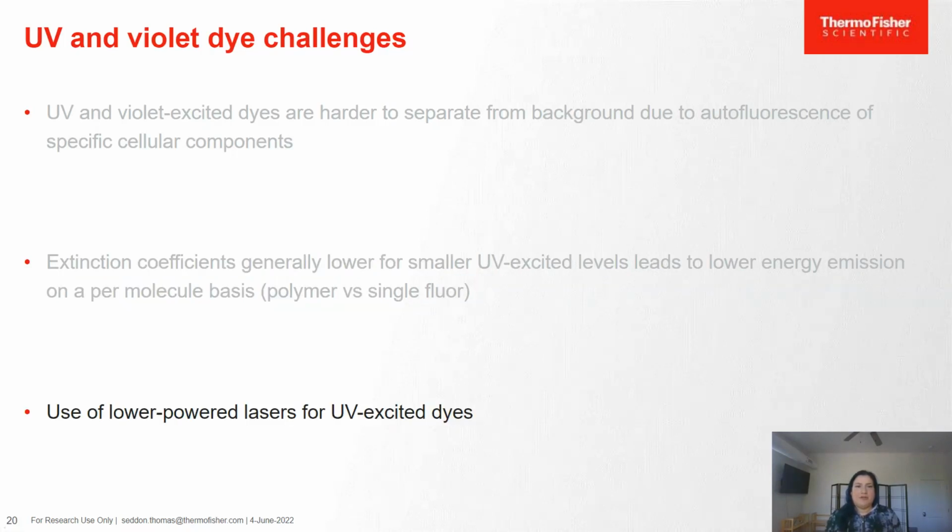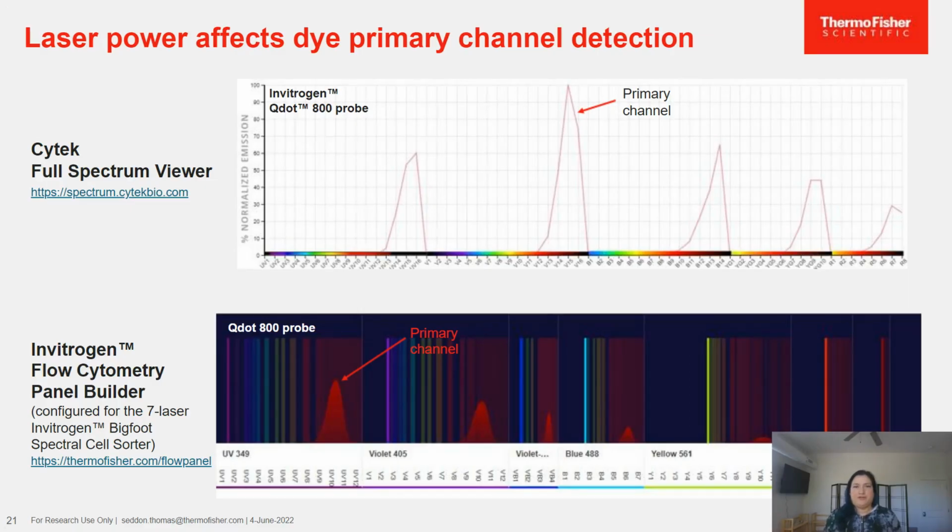And there's also the issue of the use of lower powered lasers for these UV excited dyes, especially on the Aurora. This is an example which was pretty interesting, I think. If you look at Q800, in terms of its excitation, it would tend to be excited more by the UV laser than the violet laser.